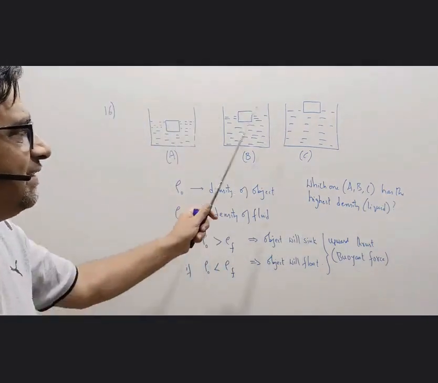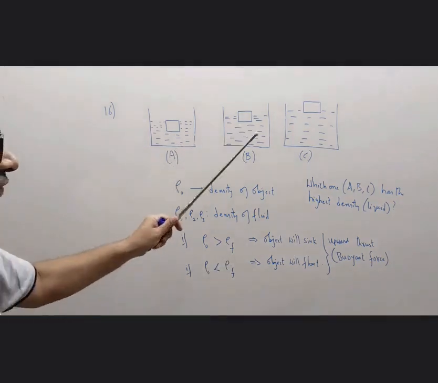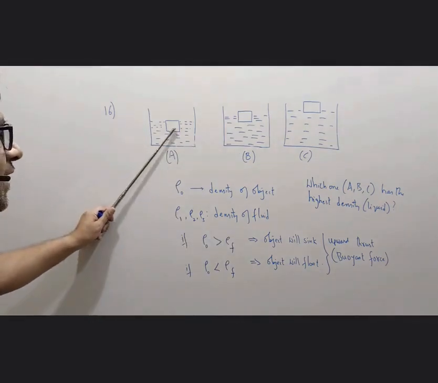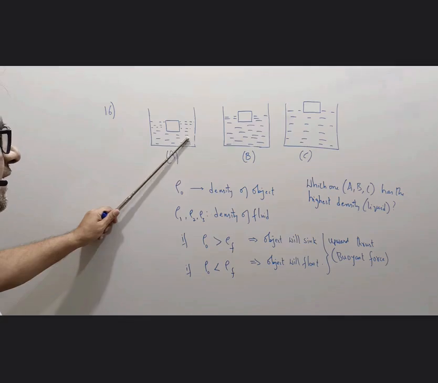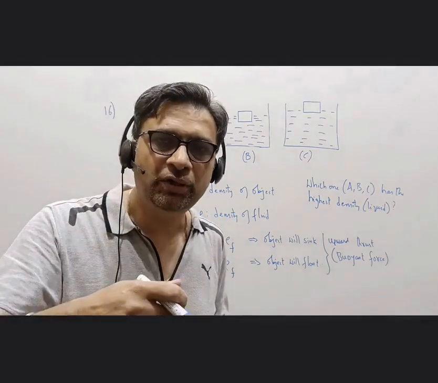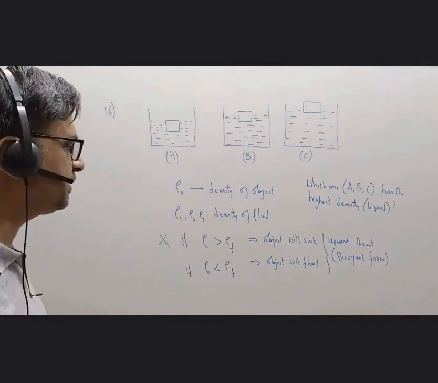None of these is a case of this. So we are talking about a different case. This is just a generic statement for understanding. If this had a greater density than the density of the liquid or the fluid, it would have sunk. But because it has not sunk, it only means that this case is not applying in any of the 3 cases. Now let's come to the third one.